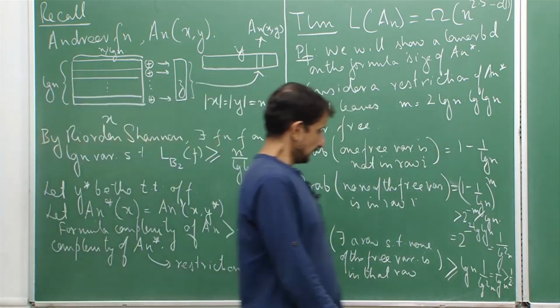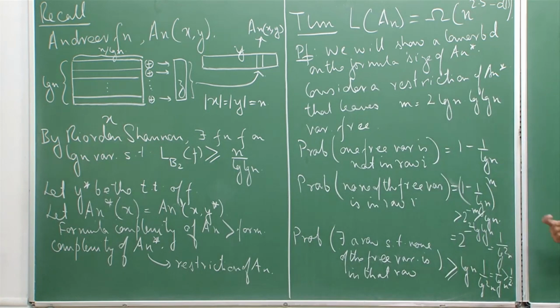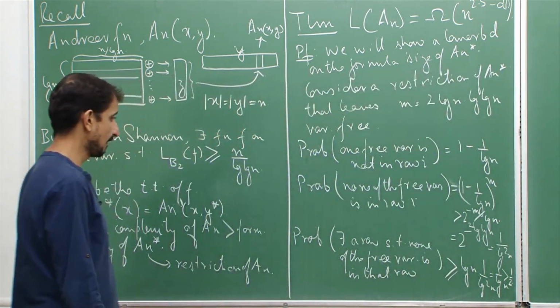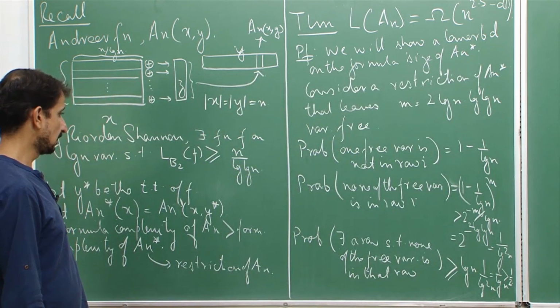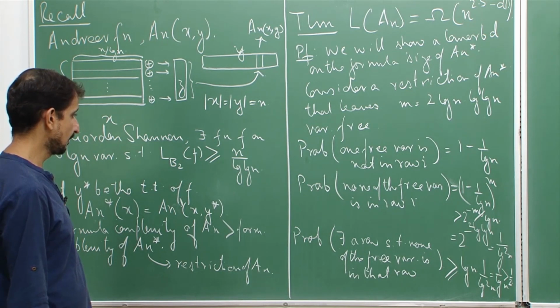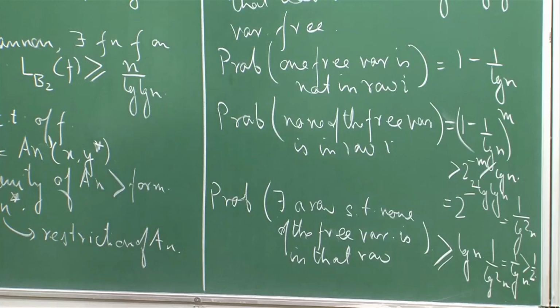Okay. So, what have we got? That the probability that this happens is greater than half. Should the sign be in the other direction? Then we will say that the negation of that, which is that each row contains at least one free variable, is at least one.